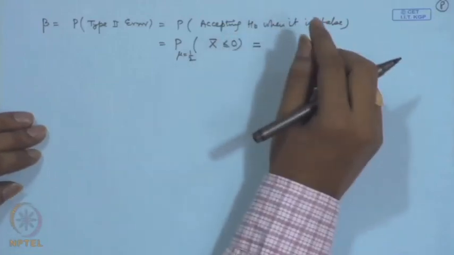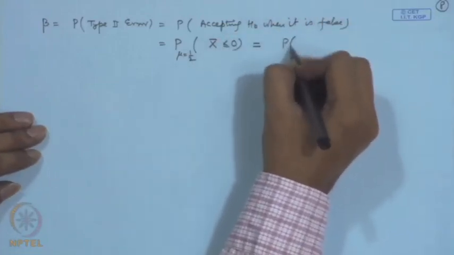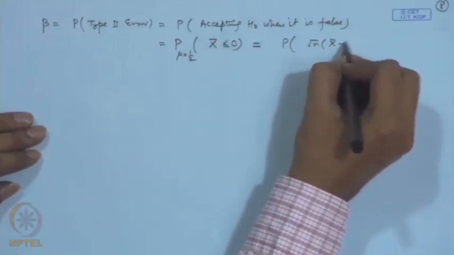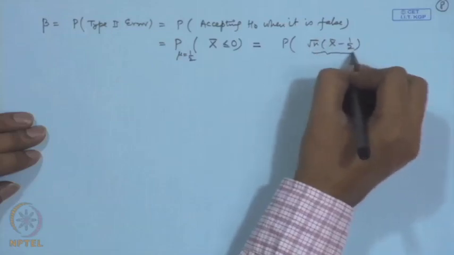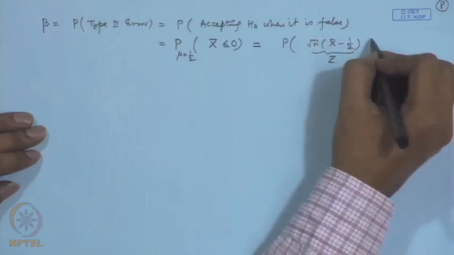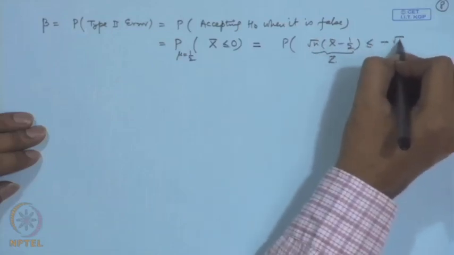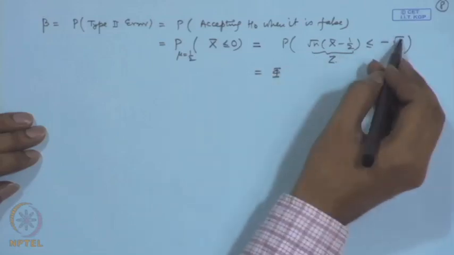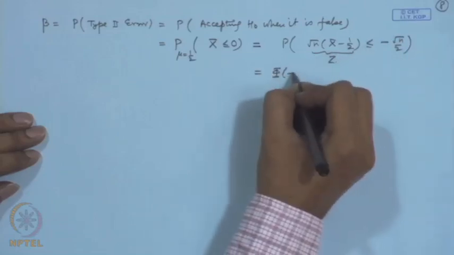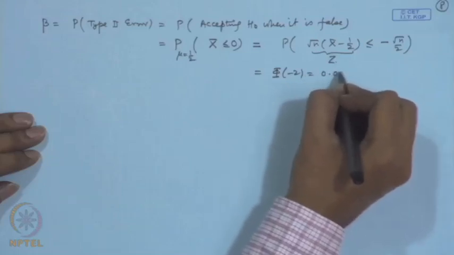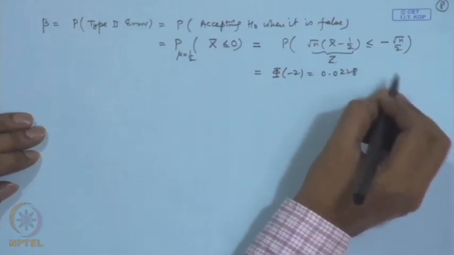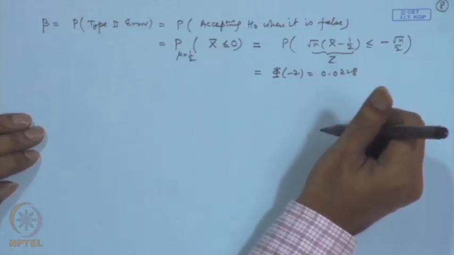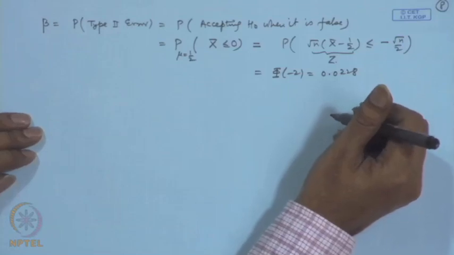When mu is equal to half, we have root n (x bar minus half) as the standard normal variable. Since n is equal to 16, this becomes 2. So, phi of minus 2, that is 0.0228. So, in this case alpha and beta are the same.